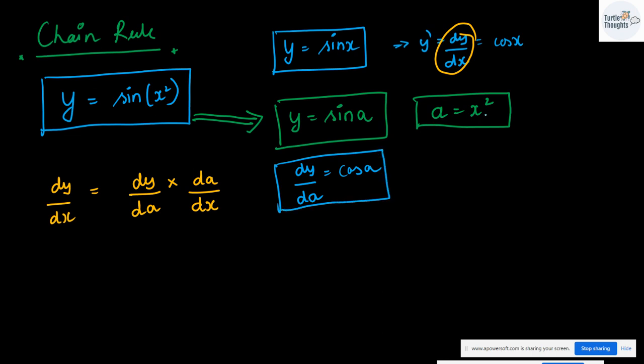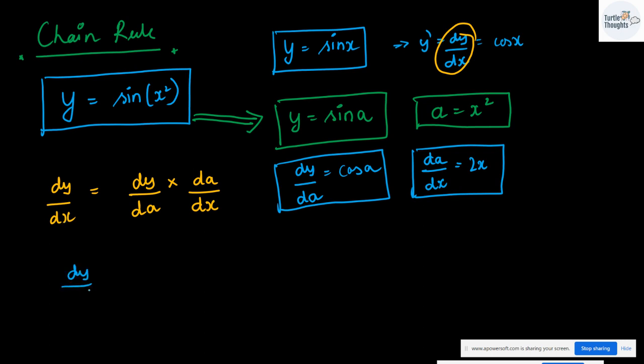Similarly, if a is equal to x square, the differential of a with respect to x, dA by dx, is going to be the differential of x square. What is the differential of x squared? It is going to be 2x. Right? I have the value of dy by dA. I have the value of dA by dx. I can find out the value of dy by dx.